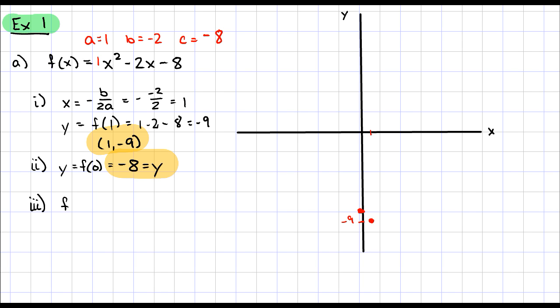So first off, to find the x-intercepts, what I need to do is set the function equal to 0. So I take x squared minus 2x minus 8 and set that equal to 0.